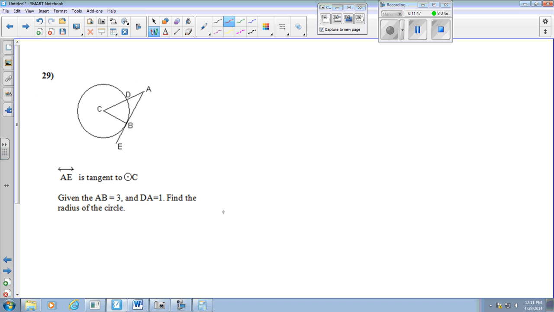For number 29 here, they tell us that AB is 3, they tell us that DA is 1, and they ask us to find the radius. So there's a radius, there's a radius. We know that the tangent and the radius meet at a right angle, so we have a right angle there. So we're going to say x squared plus 3 squared equals x plus 1 squared, just using Pythagoras.